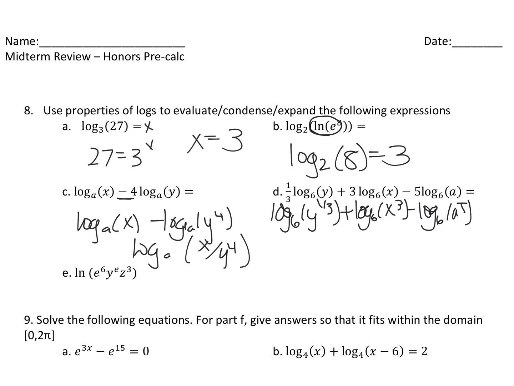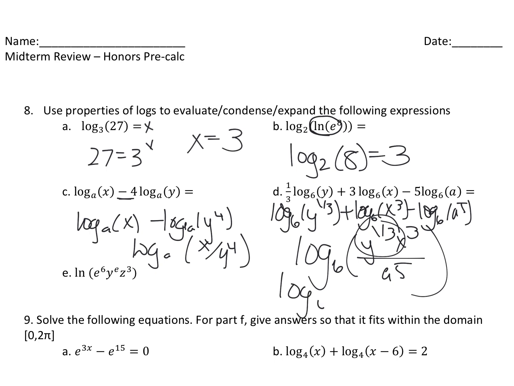When I rewrite this, I get log base 6 of y to the 1/3 times x cubed, with a to the 5th in the denominator. The only thing you should be aware of is that this term right here is the cube root. It's a little bit of overlap there. That term would be the same in both cases, but it's easier to write as a cube root.